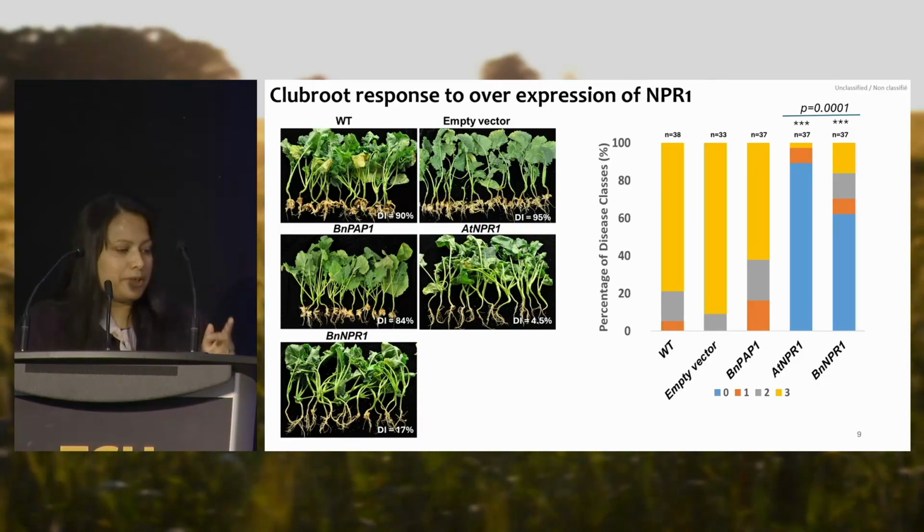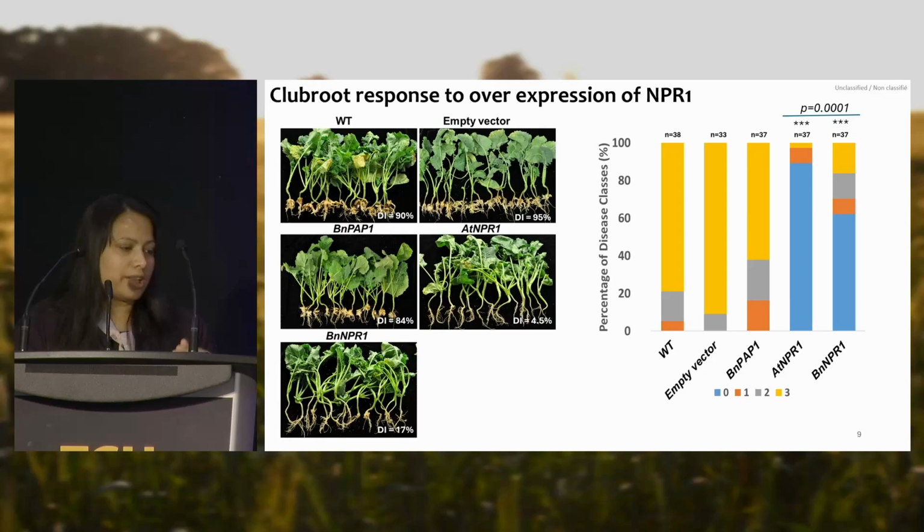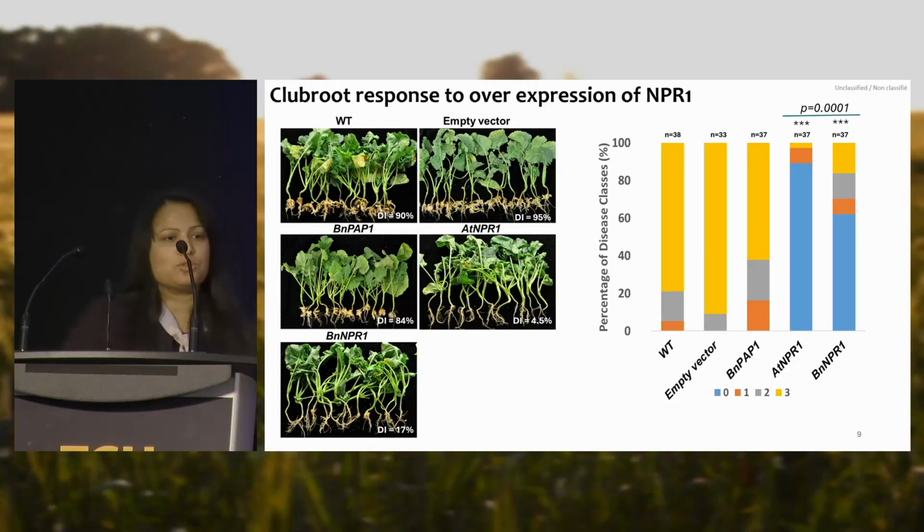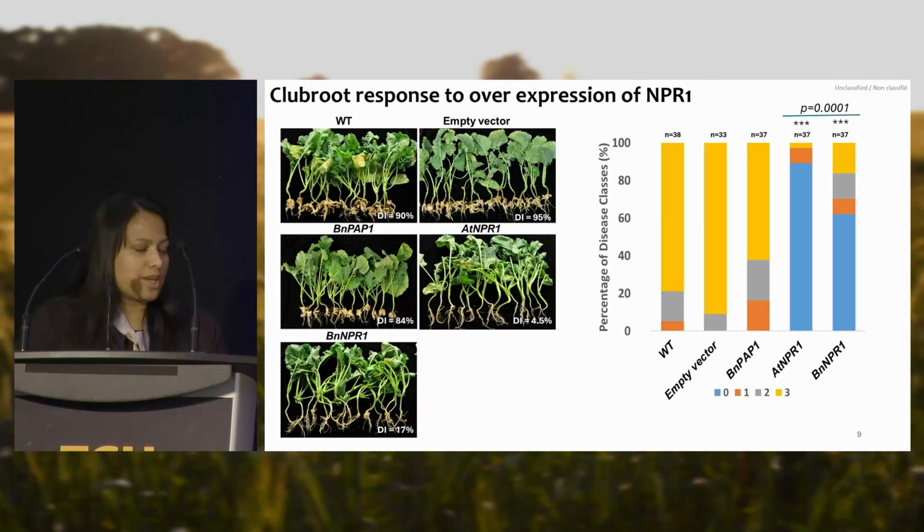From the image and graph, you can see that all the negative controls and the positive selection marker were highly susceptible to clubroot and produced big galls.